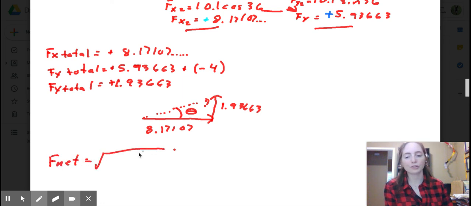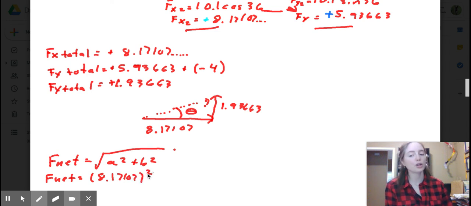So I'm going to use Pythagorean theorem to find my F net, the magnitude. And it's just going to be the square root of a squared plus b squared. And my F net is going to equal my 8.17107 using all digits from your calculator. Do not use these rounded numbers. Use all digits, ladies and gentlemen.